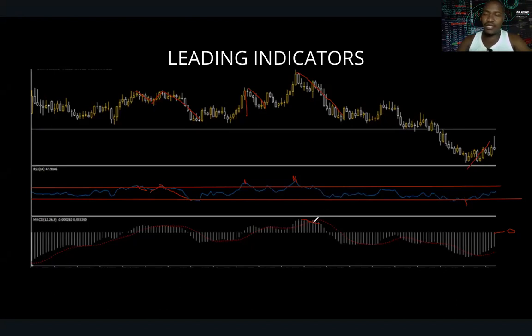In an overbought situation, you are going to look for a sell. This is an overbought situation. Look for a sell.